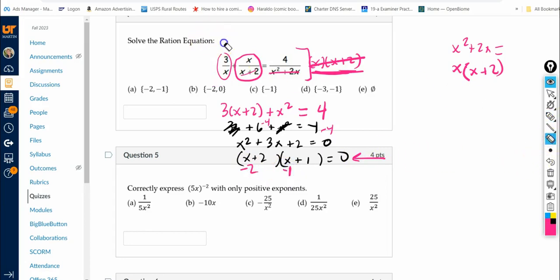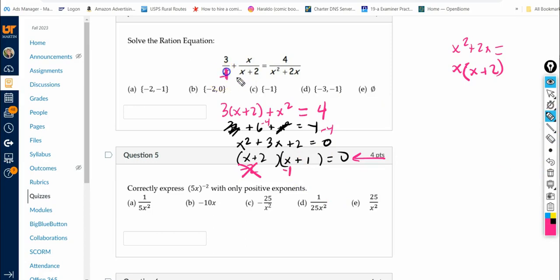So I can see that my solutions here are going to be -2 and -1. But are they allowed in the original equation? If x is -2, we're okay here. If x is -2, we're not okay here, because negative 2 plus 2 is 0. So negative 2 is extraneous. It was a solution to this, but it's not allowed in the original equation. Now, what about if x is equal to negative 1?